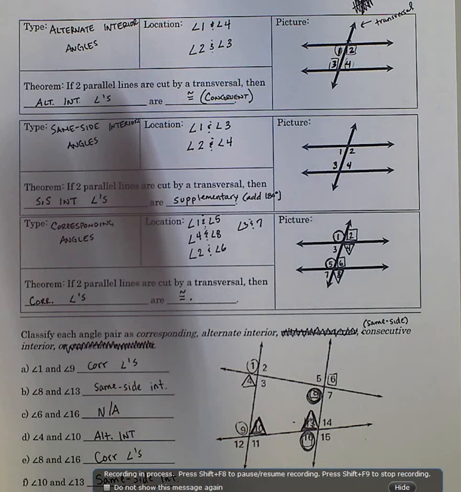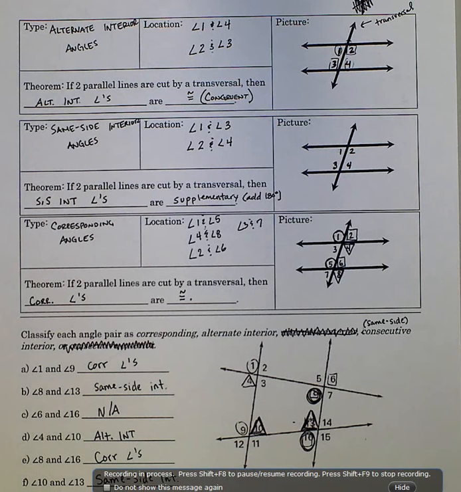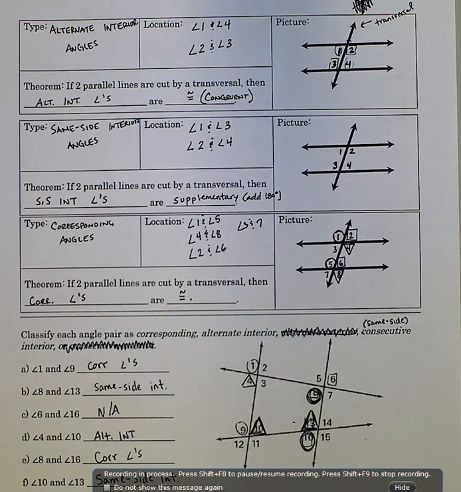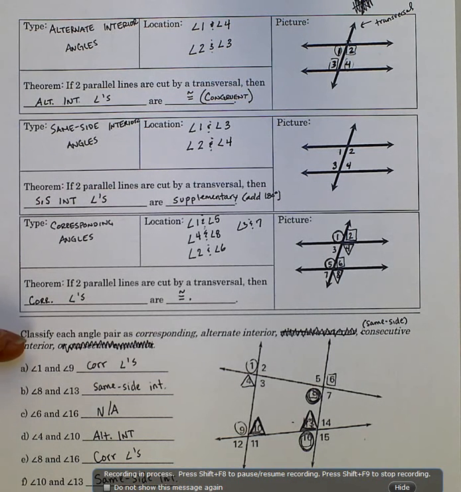If two parallel lines are cut by a transversal. Down here, notice that these two lines are not parallel. Okay, they obviously will touch at some point. So even though for A, angles 1 and 9 are corresponding angles, they won't be equal. They would only be equal if our transversal was intersecting parallel lines. But that doesn't change that they're corresponding angles. It just changes that the corresponding angles aren't equal.